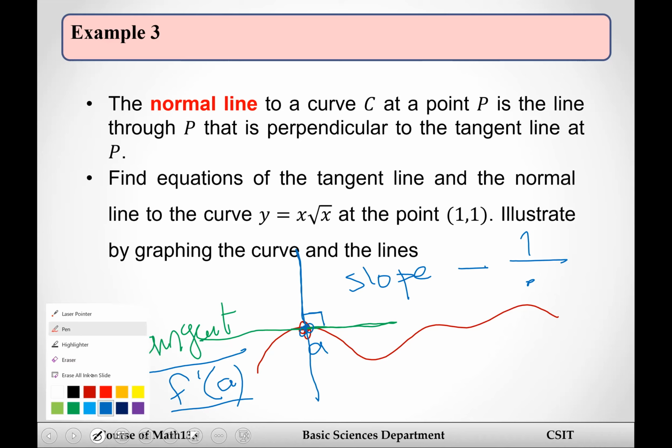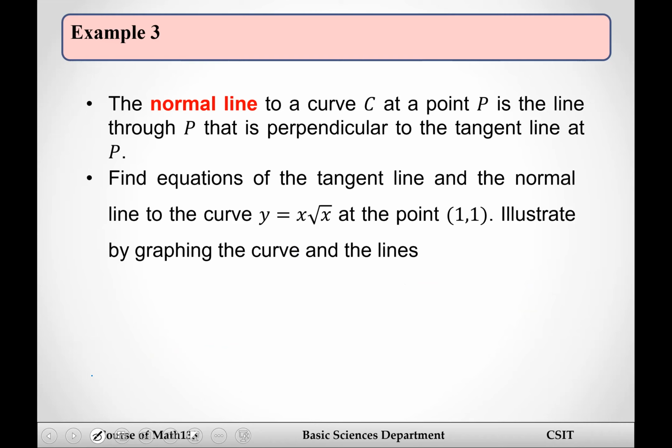Okay. Here, the trick is that we write our function like x power something. So y is equal to x power 1 times x power half. That means x power 3 over 2.